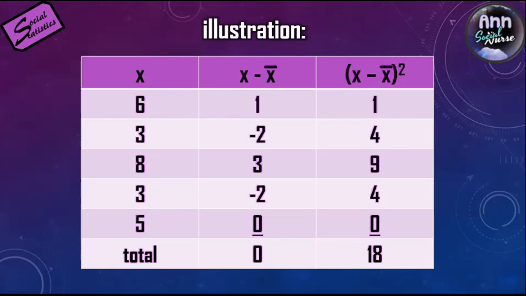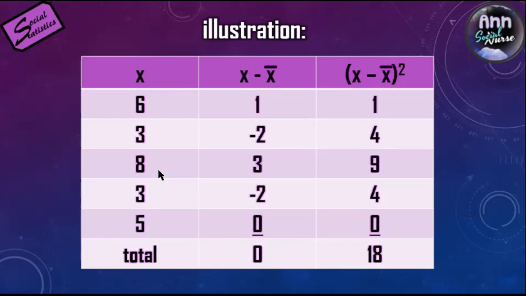It's the summation of x minus mean, right? So each of the x, we are going to subtract the mean. We know that the mean is 5. So 6 minus 5, we have 1. And we square, that is 1. So 3 minus 5, we have negative 2. You square that, it becomes positive, so 4.